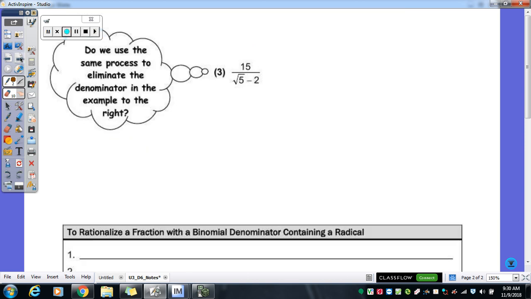Let's take a look at the back. So my little thought bubble there. Are we going to use the same process to eliminate this denominator? Does it look like our other denominators? No, because what's different this time?